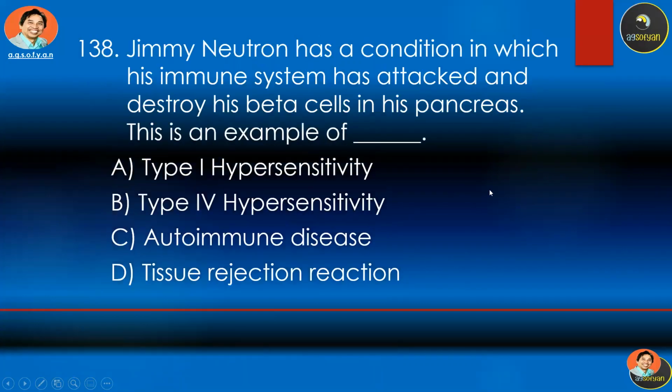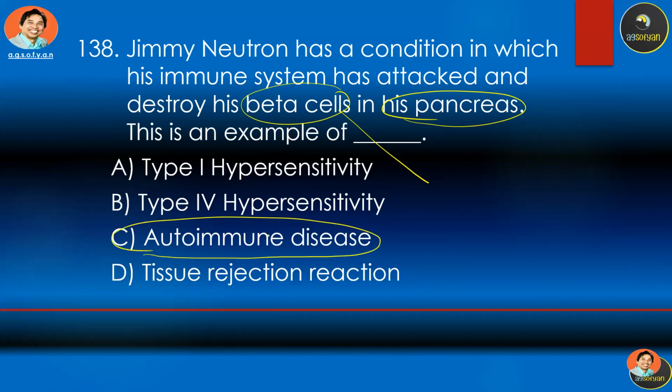Jimmy Neutron has a condition in which his immune system has attacked and destroyed his beta cell. Okay, so beta cell is located in pancreas. This is an example of type 1, type 4, autoimmune disease or tissue rejection reaction. Okay, so this is autoimmune disease, and autoimmune disease is mostly type 3 hypersensitivity.